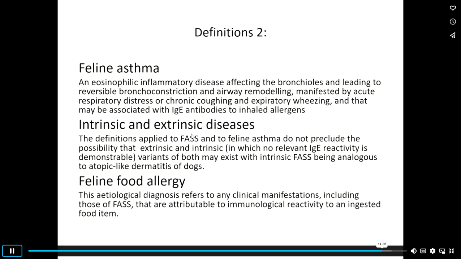And this is analogous to atopic-like dermatitis of dogs, which is not associated with IgE antibody. And feline food allergy is an etiologic diagnosis referring to any clinical manifestations, including those of FASS, that are attributable to immunologic reactivity to an ingested food item.